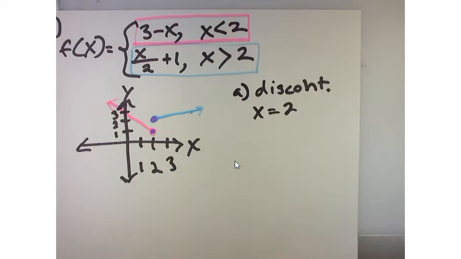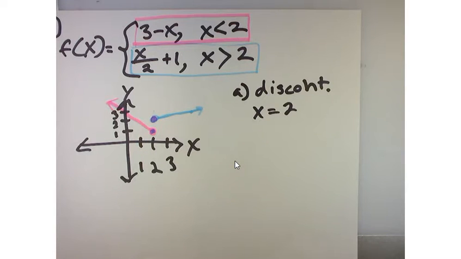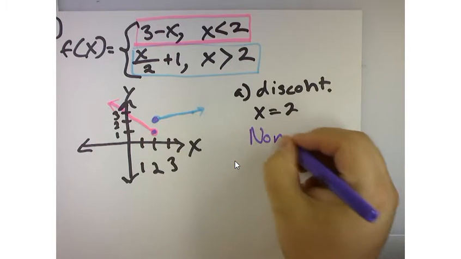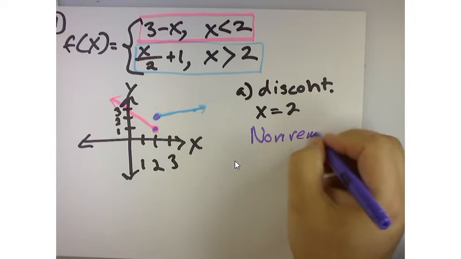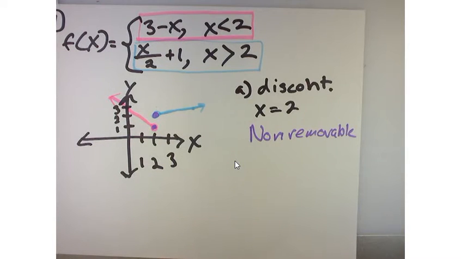So I can't mathematically plug both holes, because if I do, then it's no longer a function, right? That would fail the vertical line test. But I went the extra mile to show you guys that clearly that is non-removable, right? So we're going to say non-removable. Okay? So that was part B.